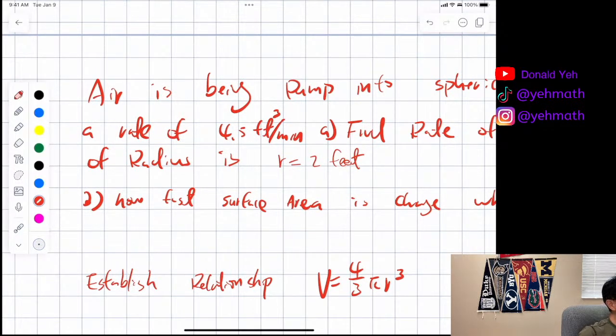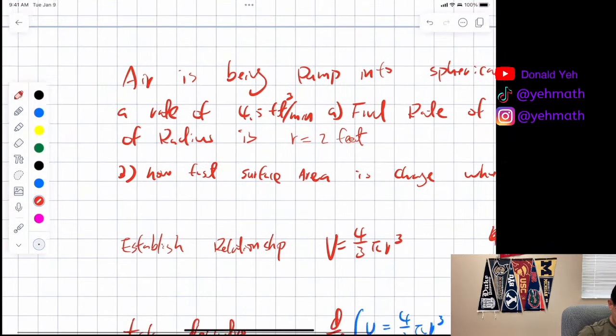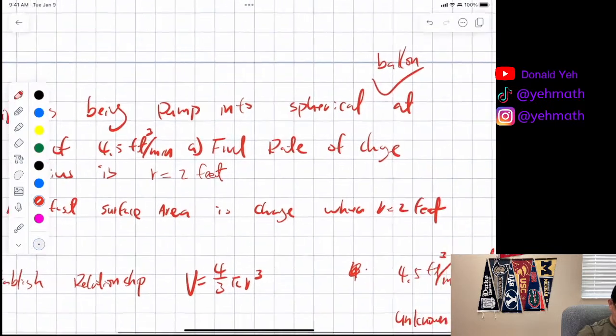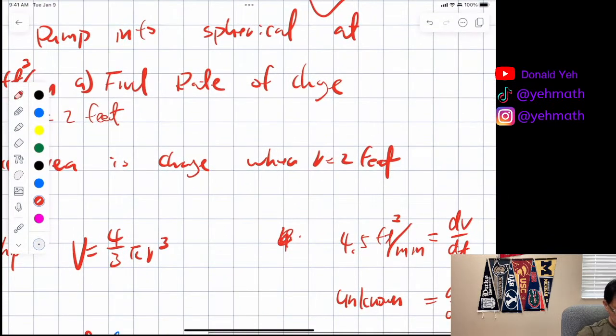Then 4.5 cubic feet per minute is how fast the volume is changing, so it's dV/dt. And the unknown is dr/dt. They look kind of the same, but this is r.